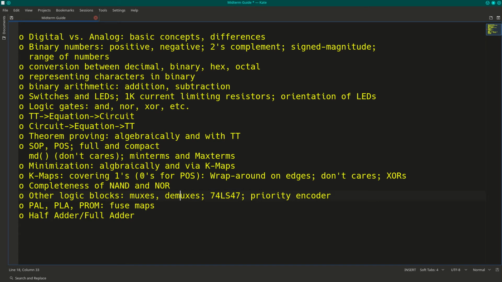PALs, PLAs, and PROMs, so programmable logic devices. And we've talked about those, and you've got a homework question on those. And fuse maps are just the AND plane or the OR plane, right? So did I assign those questions for today? No?